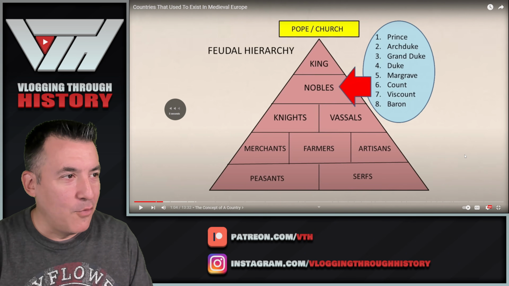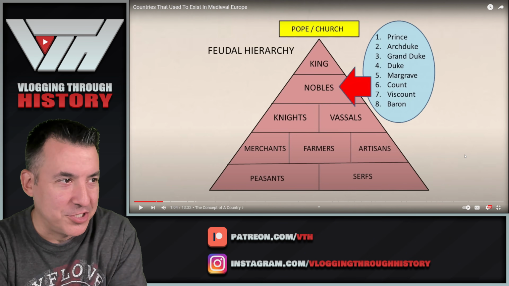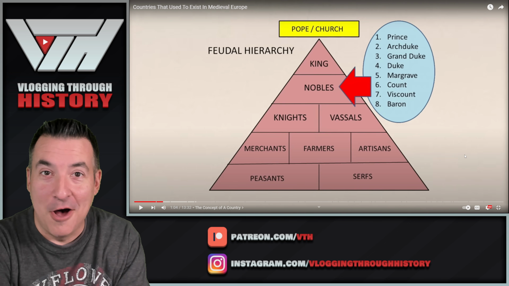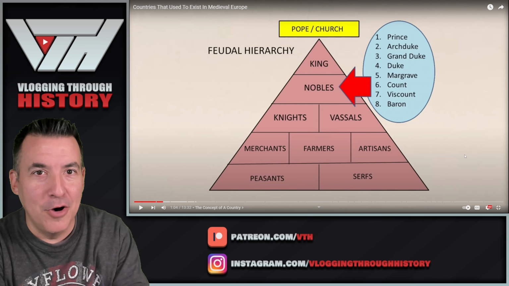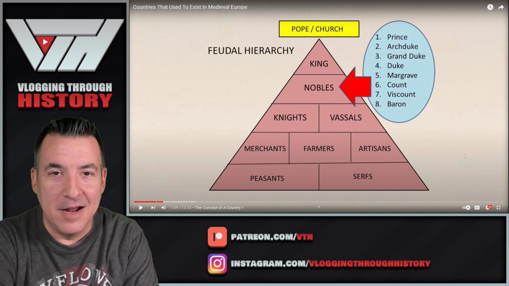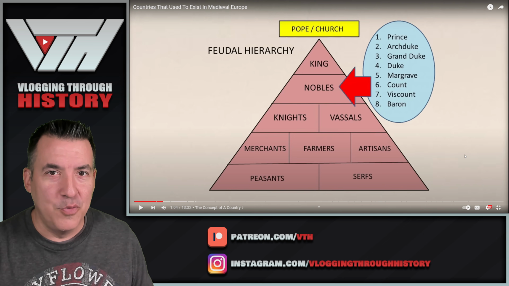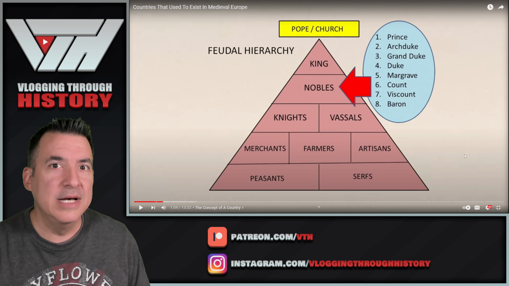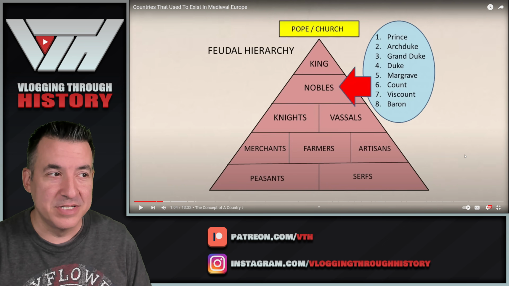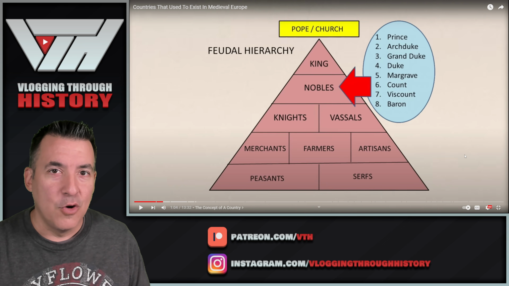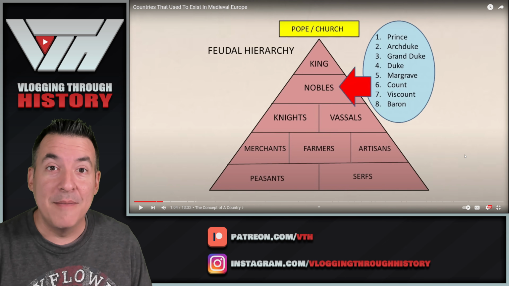So I want to point one thing out here. You see how it has the Pope and the church up at the top. Obviously, that's not true for everybody, especially like the Ottomans obviously are not answering to the Pope, and other countries like that. But that idea of the Pope with a great deal of political power in addition to his religious influence really starts to develop in a significant way around the time of the formation of the Holy Roman Empire.